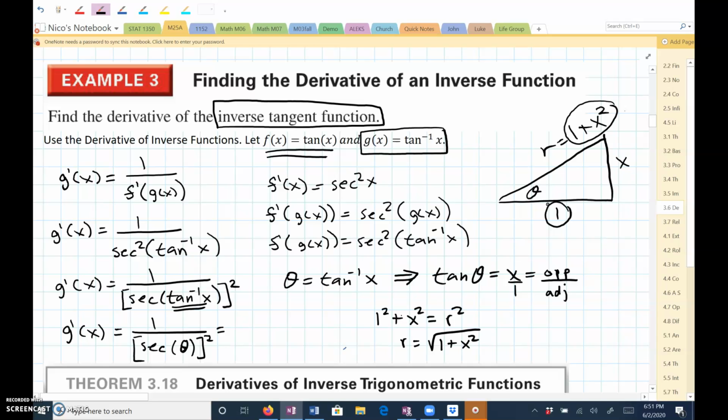And this should be the square root. So this is going to be 1 over the square root of 1 plus x squared over 1, which I don't need to do. And then if I square that, that's going to be 1 over 1 plus x squared. So the derivative of the inverse tangent function is going to be this. This is the proof.